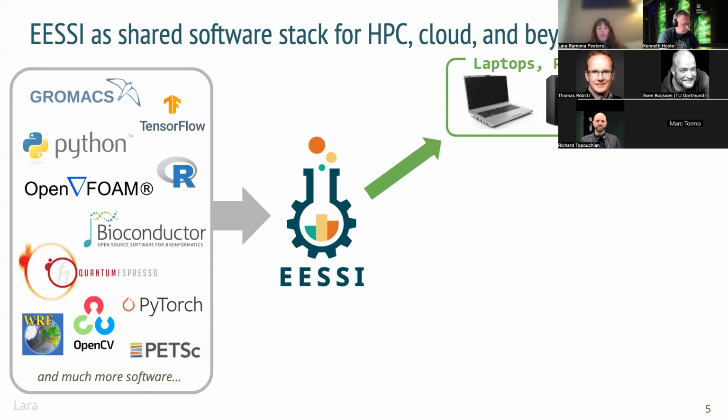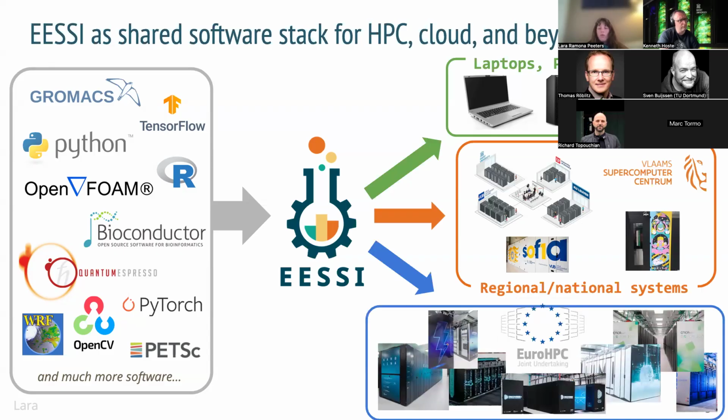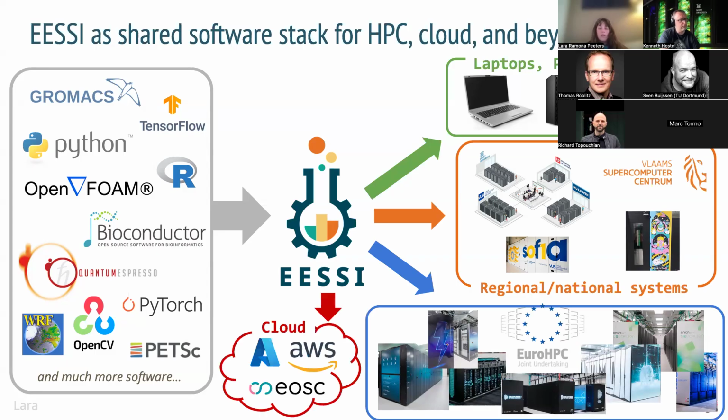So that's on your laptop or your PCs, on your national or regional HPC systems, but also now on the EuroHPC systems, especially through the federated platform EFP, the European Federated Platform, where EESSI is the main software stack.